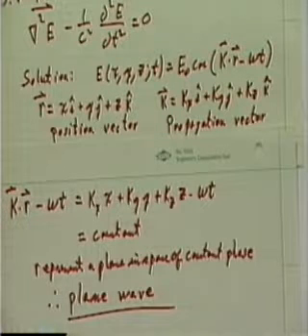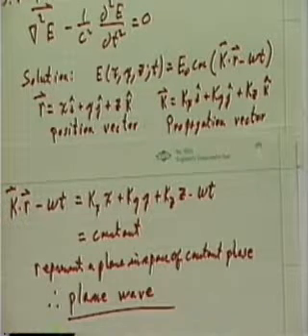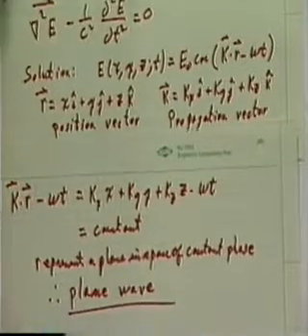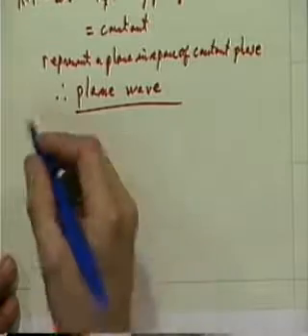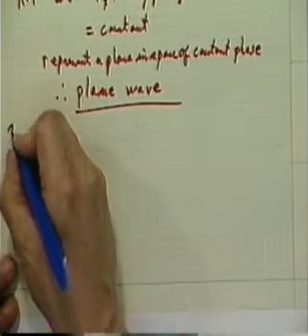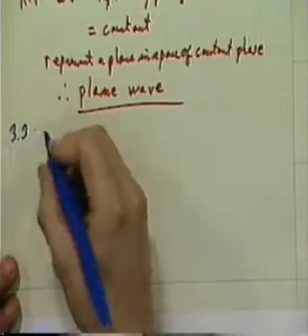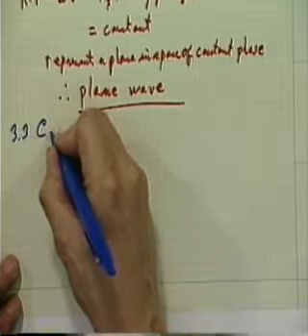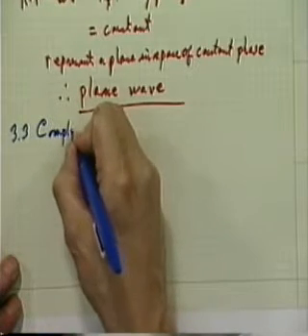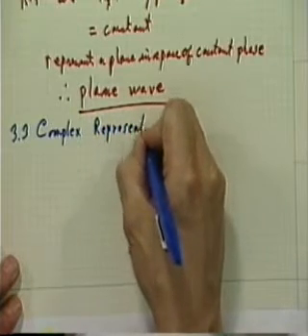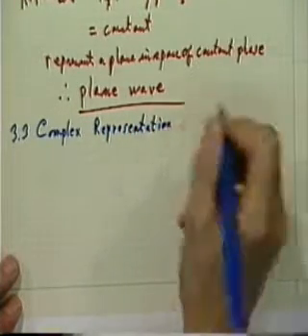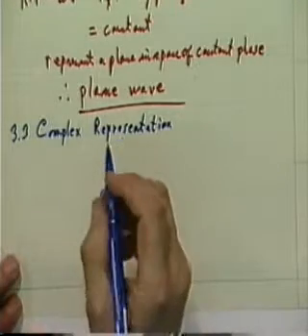So that's section 3.2. Go to section 3.3. I probably shouldn't even include 3.3 as a section, but I will. Just call it complex representation. Everyone knows this, but I'll write it down anyway.